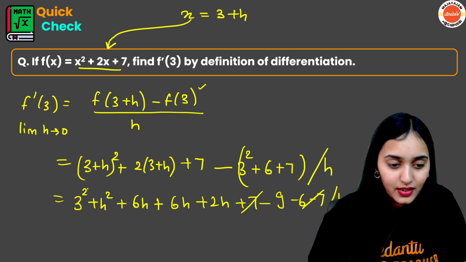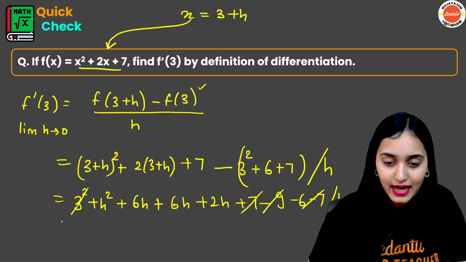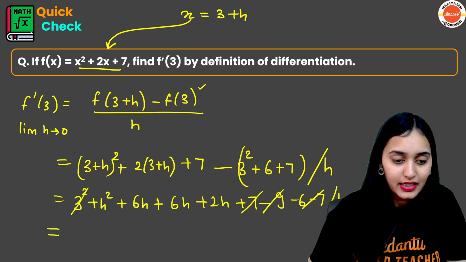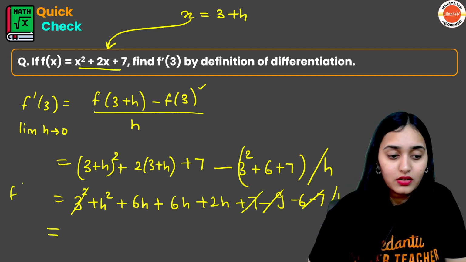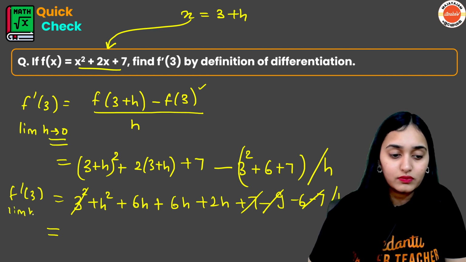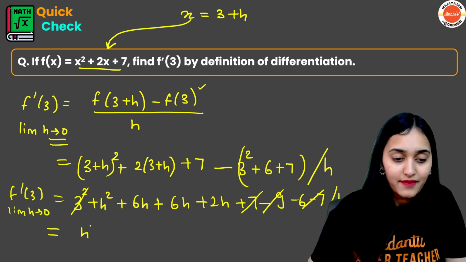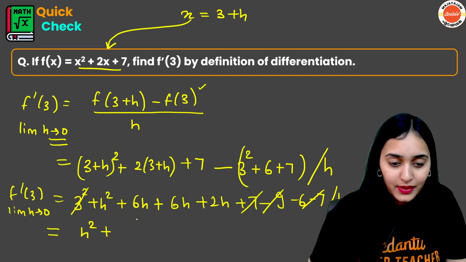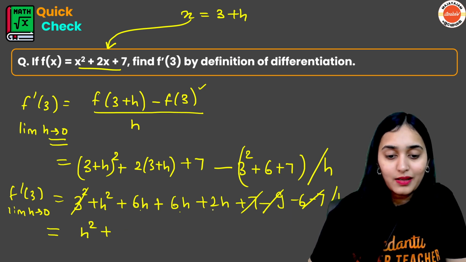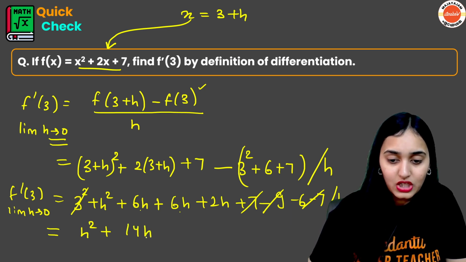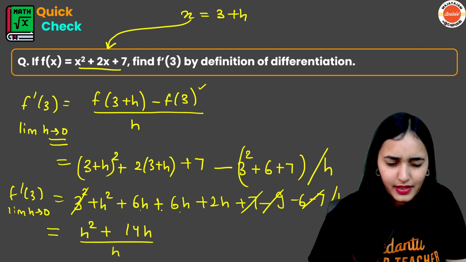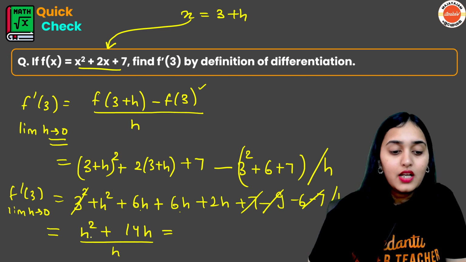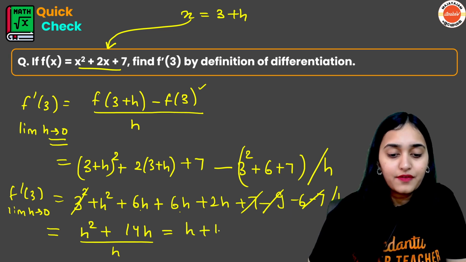So we have here 9 minus 9 cancel and we get, also remember that you have to put h is equal to 0 also. Okay, so we have h square plus 6 12 plus 2 14h divided by h, right? So now when you divide, you get h plus 14.